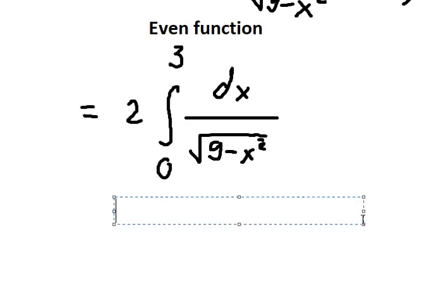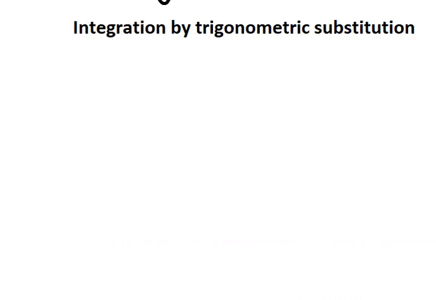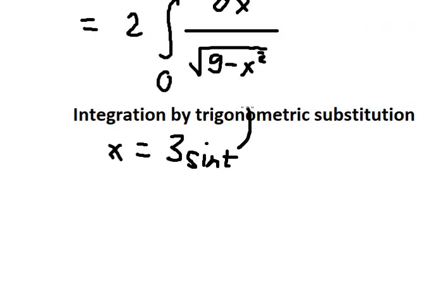So we can use integration by trigonometric substitution. I will put s equals 3 sine t, because if I put this in here, we have 9 sine t squared. So 9 and 9, we can do factorization: 1 minus sine t squared, we change to cosine t squared, and later we simplify the square root and ds.